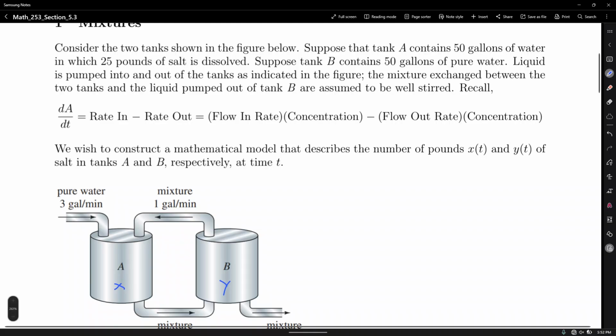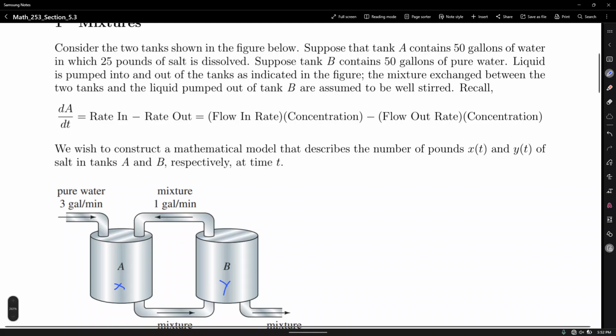Now, let's recall the formula dA/dt, which describes the rate of change of the amount of solute that changes in the container, in the tank.